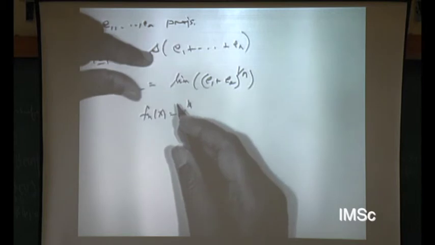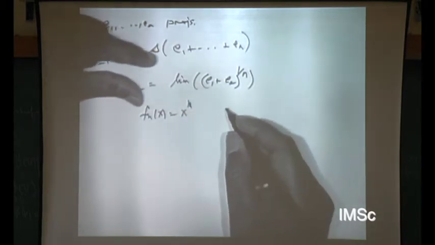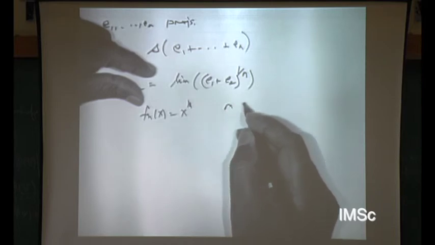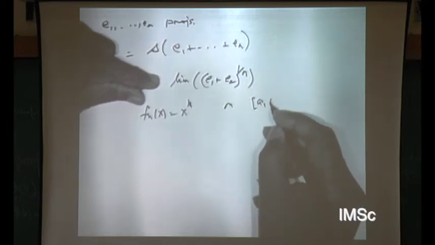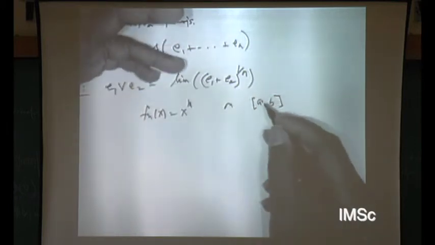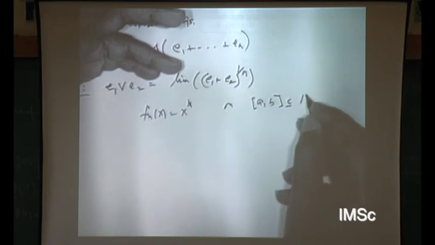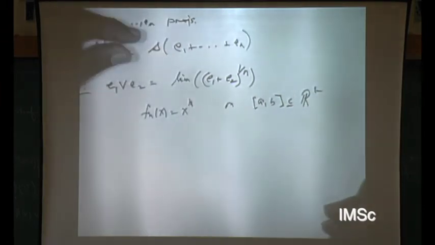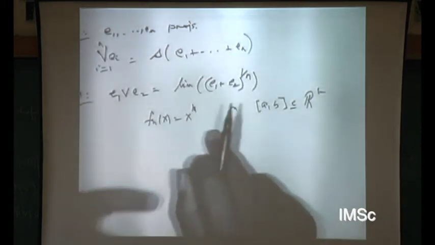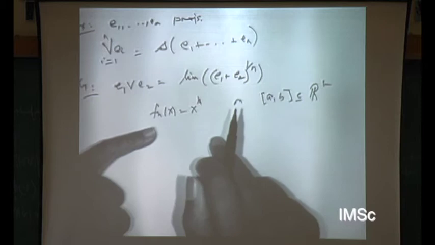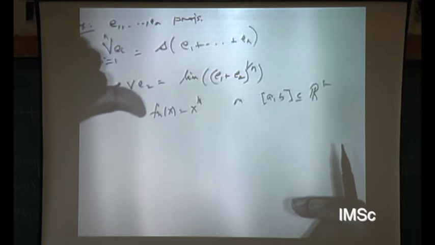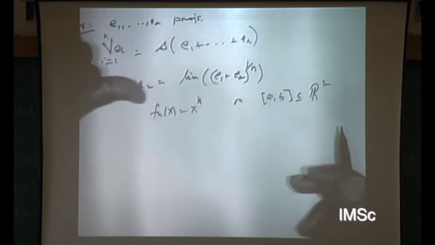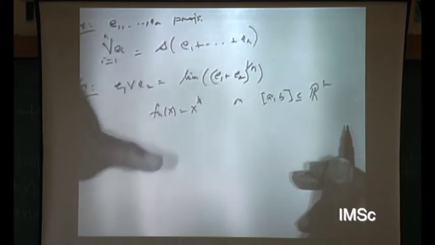The spectrum of this is going to be contained in some compact subset of the positive line. On some compact set, you look at f_n(x) equals x power 1 by n. Then what can you say about this sequence? What happens as n goes large? Is f_n monotone?